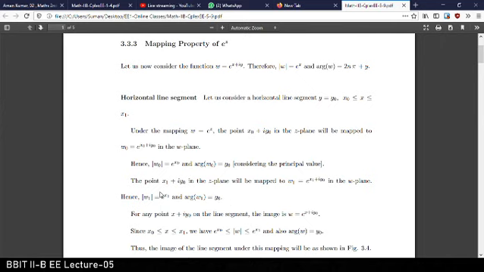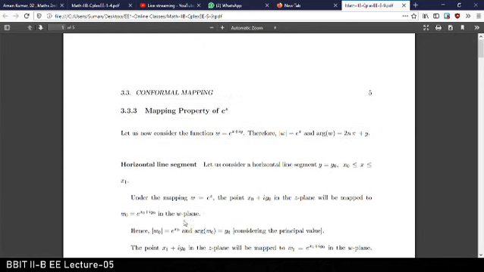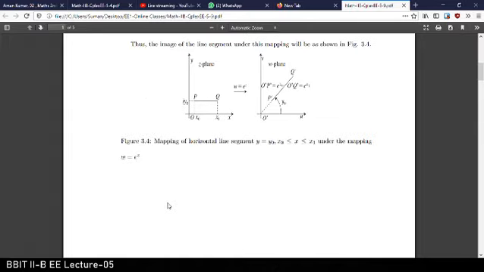The modulus of the first point is e to the power x0, and the modulus of the second point is e to the power x1. Both are not the same. That's why the image will be like this. It was horizontal, right? Now, depending on y0, it has been rotated by an angle.